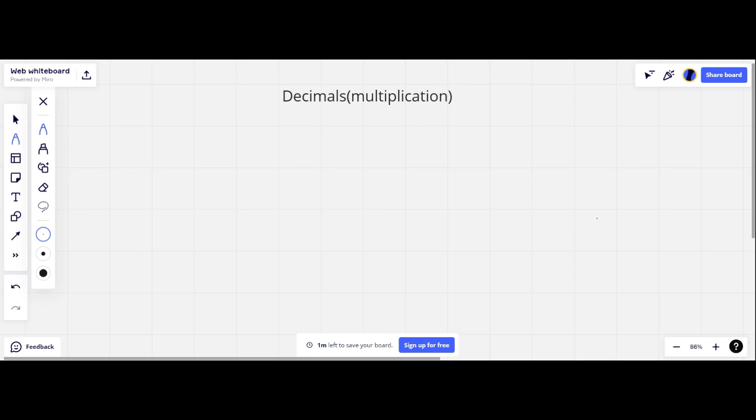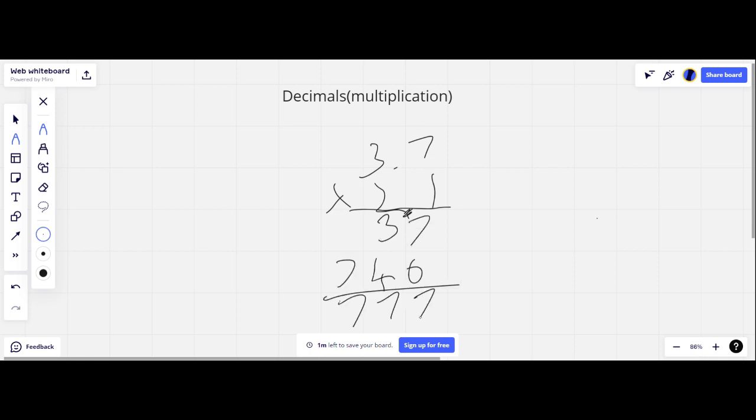So, the next question, let's do decimal by decimal. 3.7 times 2.1. Let's ignore the decimal points totally and do a normal multiplication. So, 777. Now, let's count the number of decimal places.